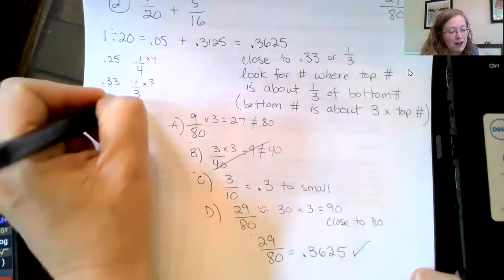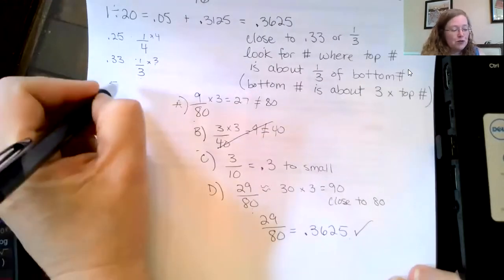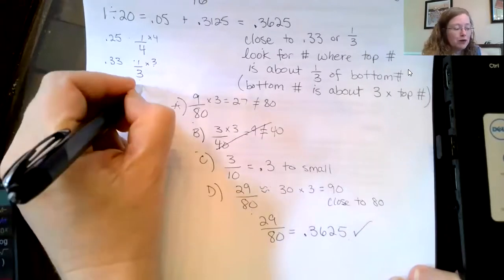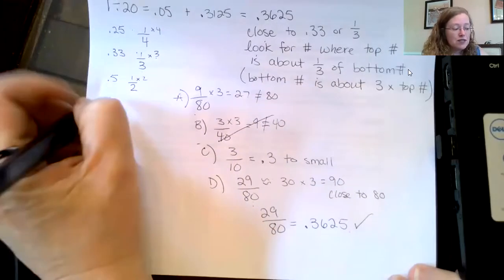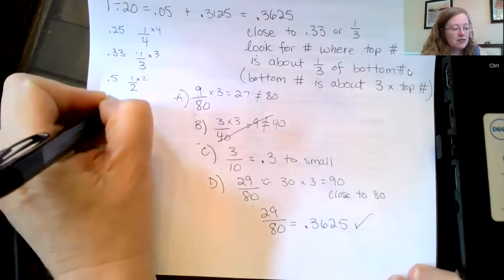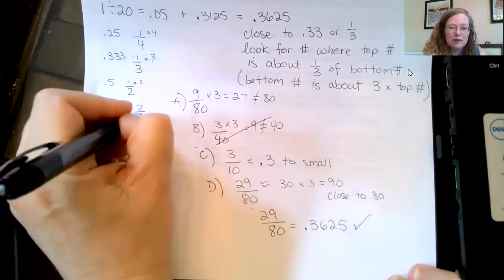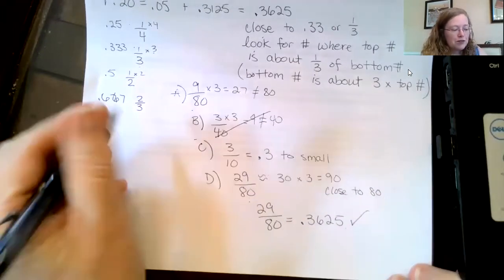If you have 0.5, well, obviously that's going to be close to 1/2. So see if when you multiply the top number times 2, is it close to the bottom number? 0.67 or 0.667, then that's 2/3. That one's going to be a little harder to match up. 0.75 being 3/4.